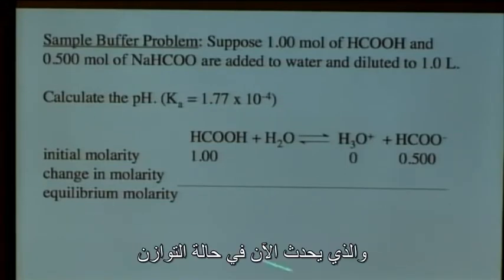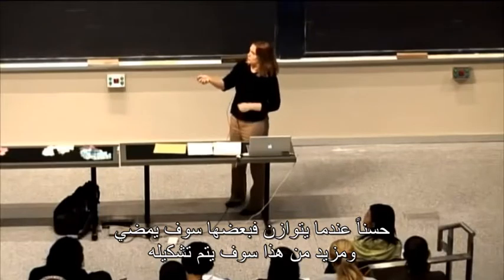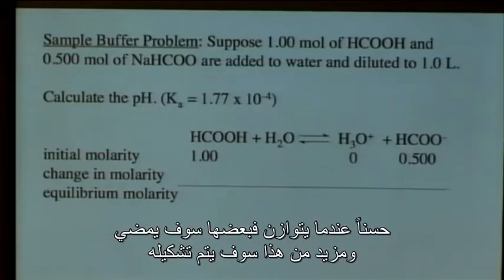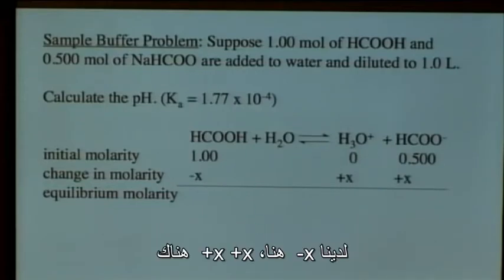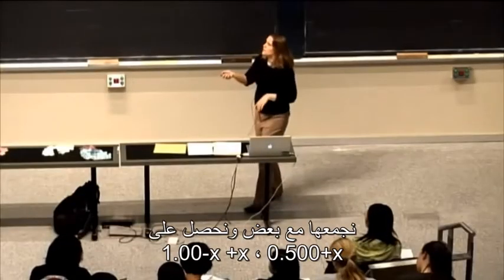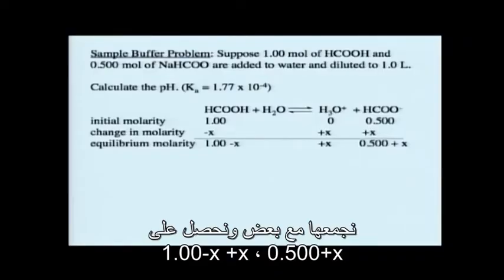Now at equilibrium, what's going to happen? When this equilibrates, some of the acid will go away, and more of the products are going to be formed. So we have minus x over here, plus x, and plus x over there. When we add it all together, we get 1 minus x, x, and 0.5 plus x.